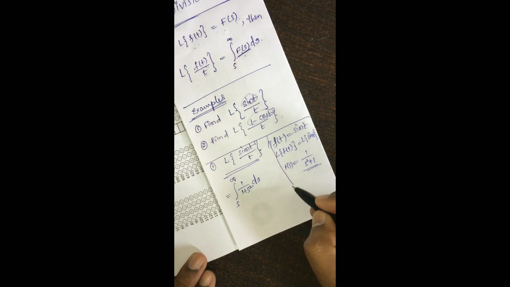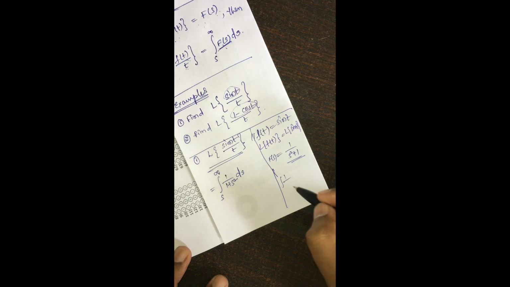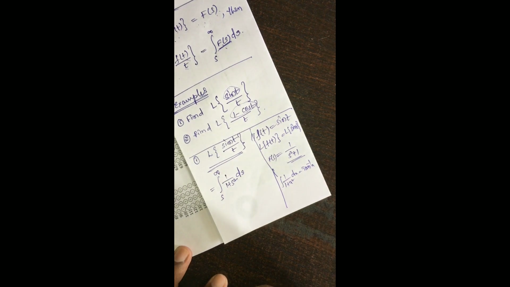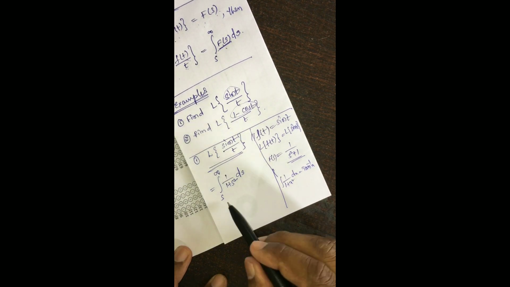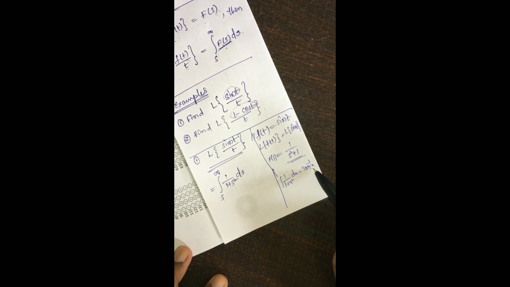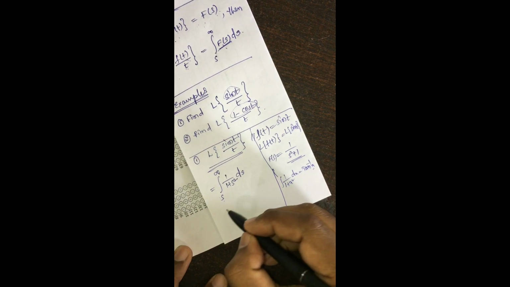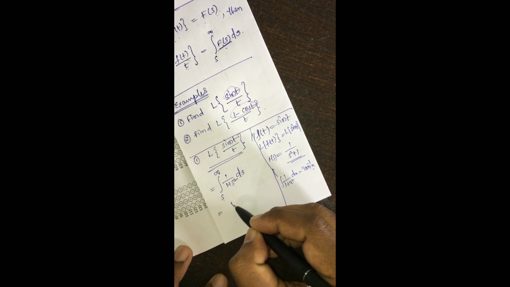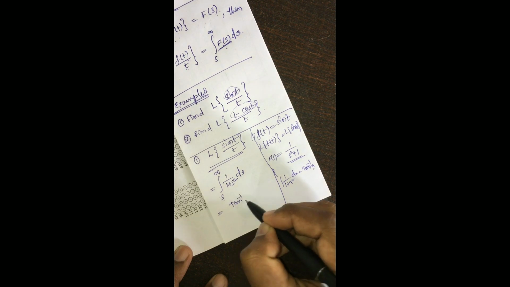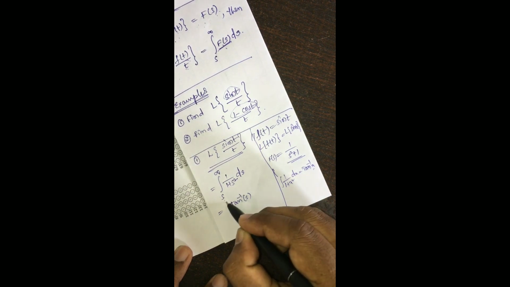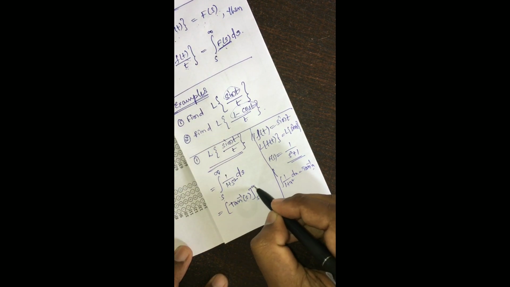Now this looks like a standard formula in integration. Integration of 1 by (1 plus x square) dx is equal to tan inverse x plus c. But here it is a definite integral, so no need to write plus c. So tan inverse s, with limits from s to infinity.